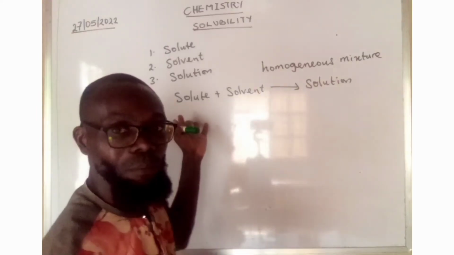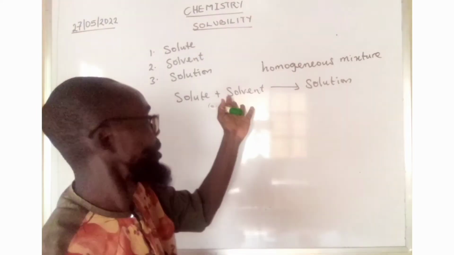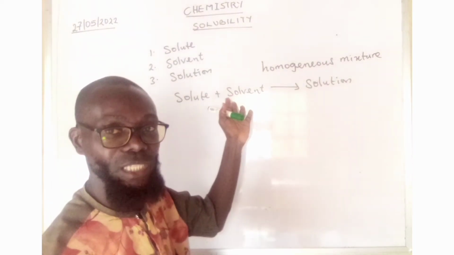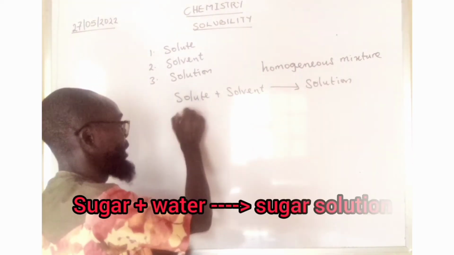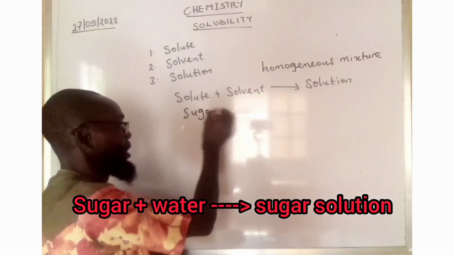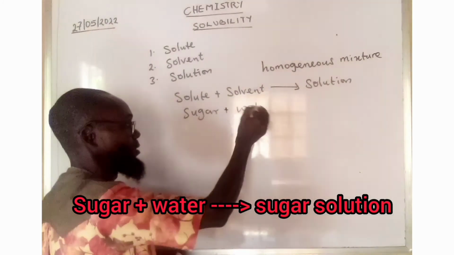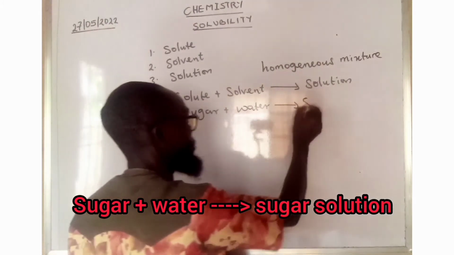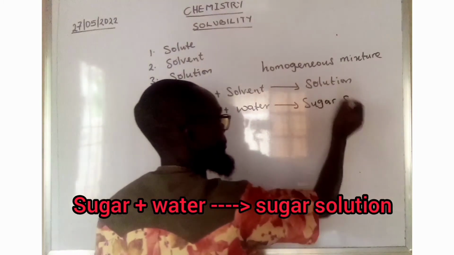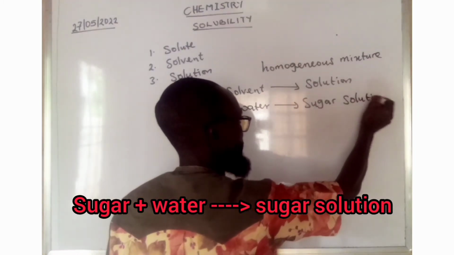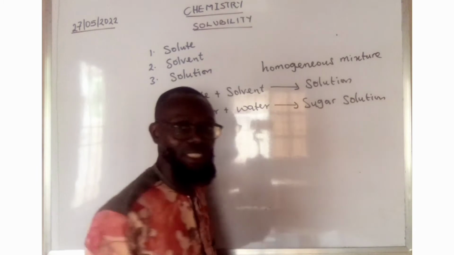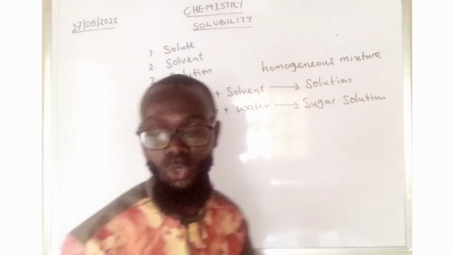For example, when we have sugar plus water, it gives sugar solution. So sugar solution is an example of a solution.